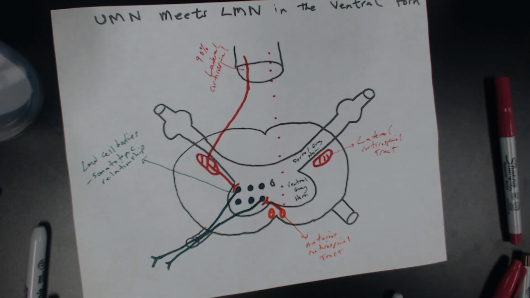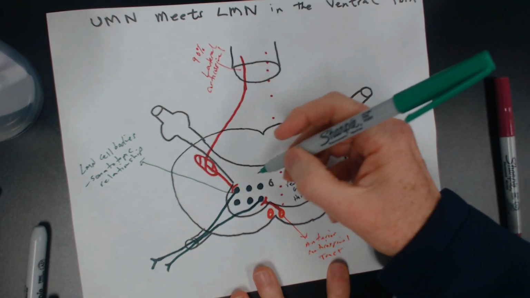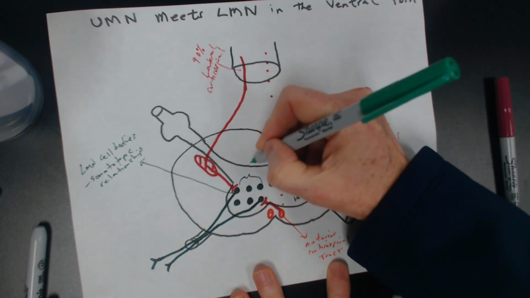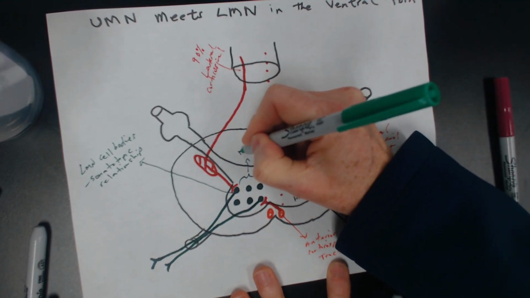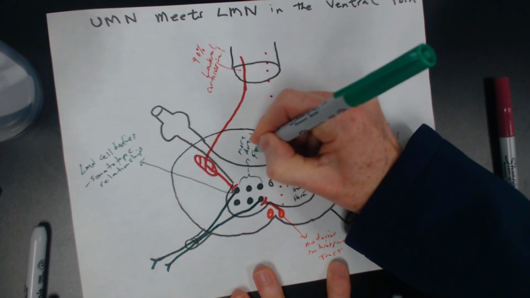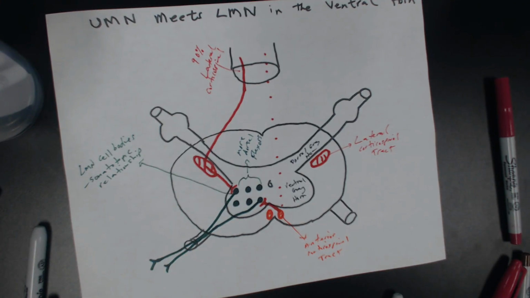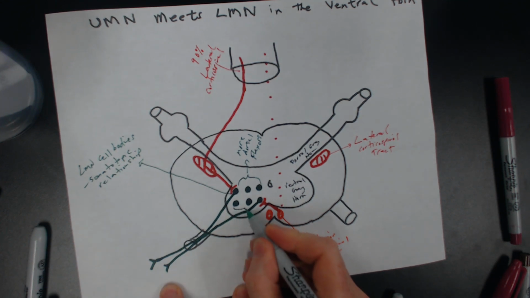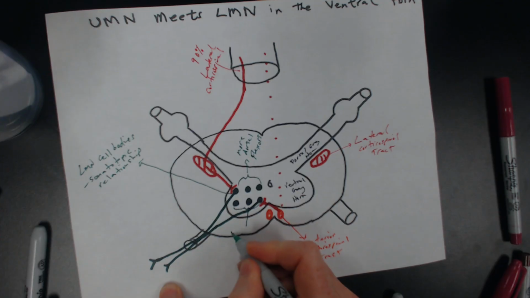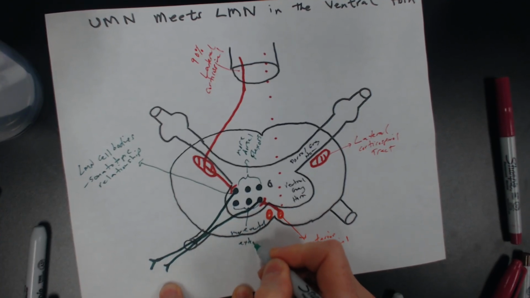So anything that's up top and anything that's more dorsal represents flexor musculature. And if you're more ventral, you're going to be extensor.